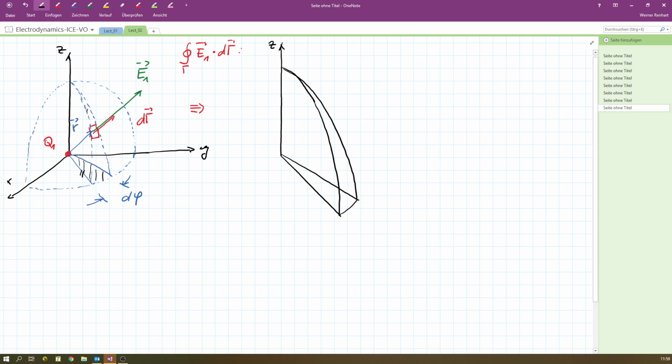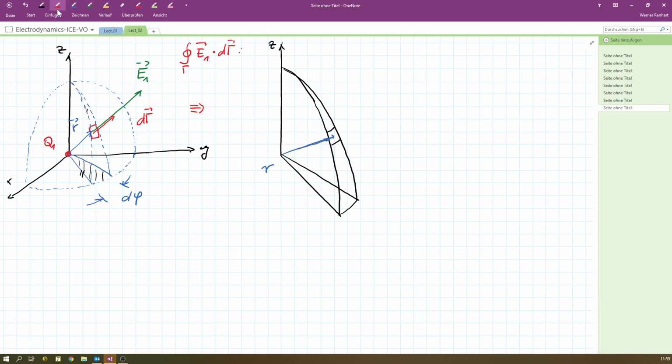So this is this wedge, and I have the surface element pointing in radial direction, the radius R. I will write it this way.